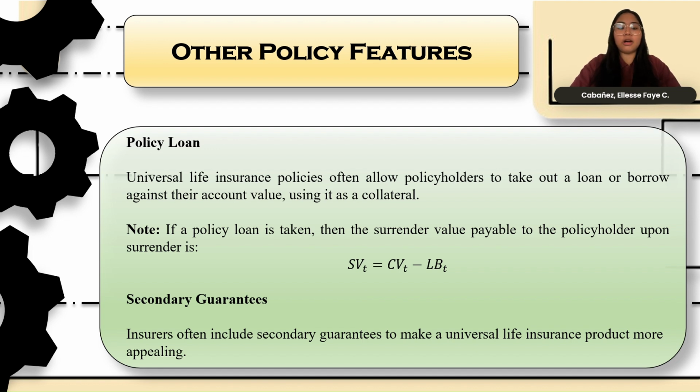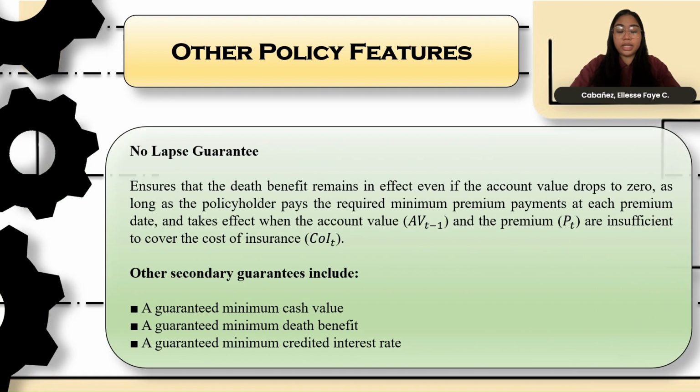Other insurers offer universal life insurances with secondary guarantees. Now, this is often used to make their products more attractive, but these are just some additional benefits. So one of the most common guarantees is the no lapse guarantee. This ensures that the policy remains active and still valid to ensure policyholders continue to be protected by the policy as long as the terms are met.